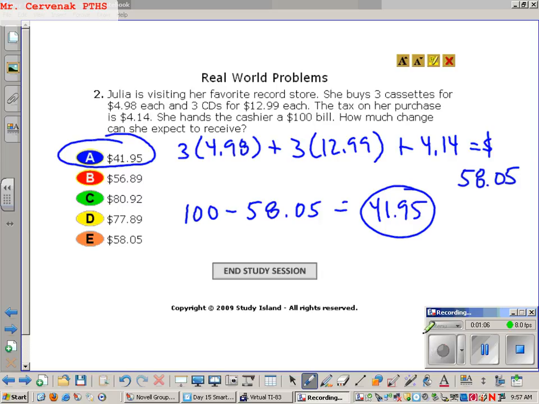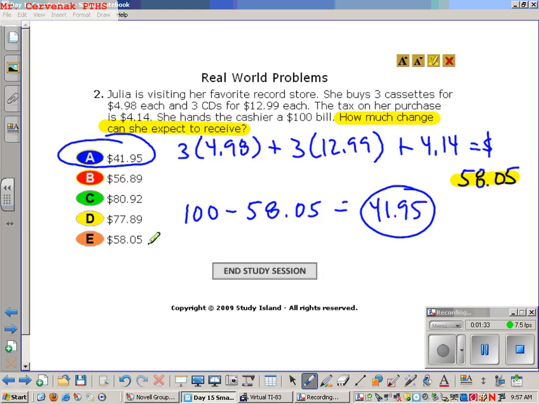Here we see another problem involving money. Many of the real world problems do involve money, and here we have to read extremely carefully as to what the question's asking us. How much change can we receive? So the amount she spent, 3 times 4.98 plus 12.99 times 3 plus $4.14 equals $15.05.